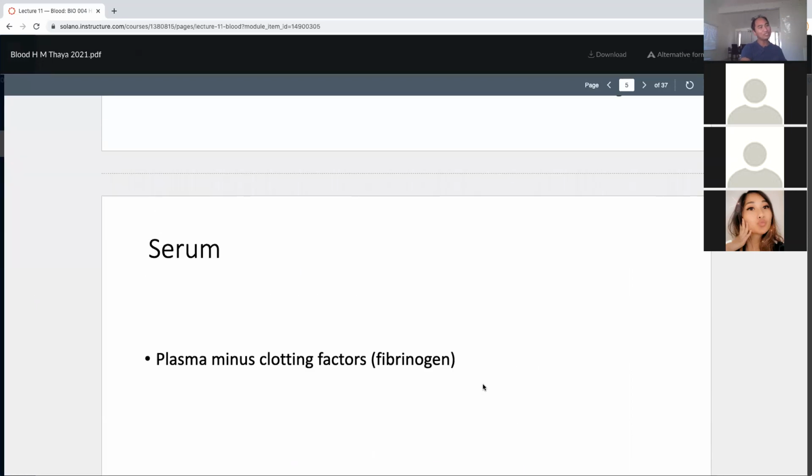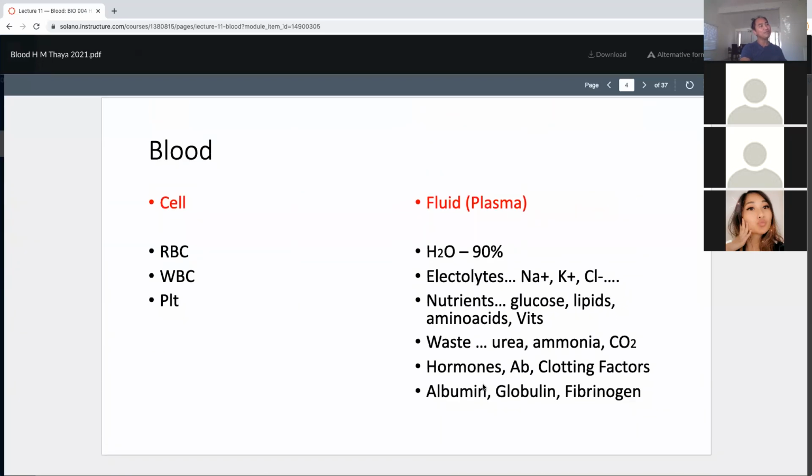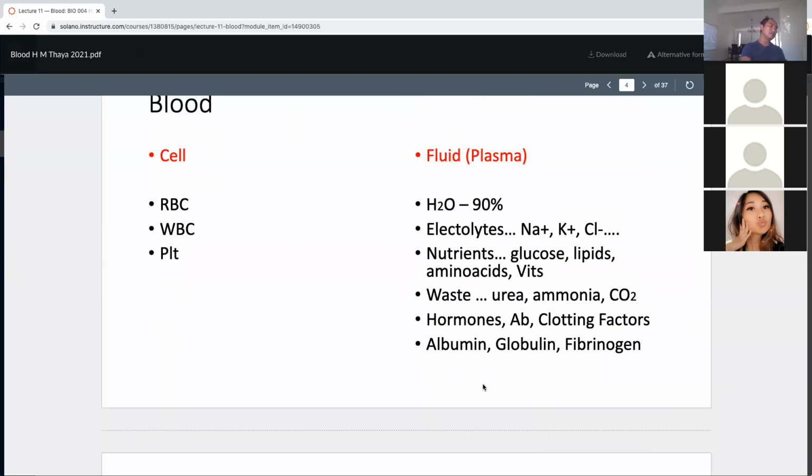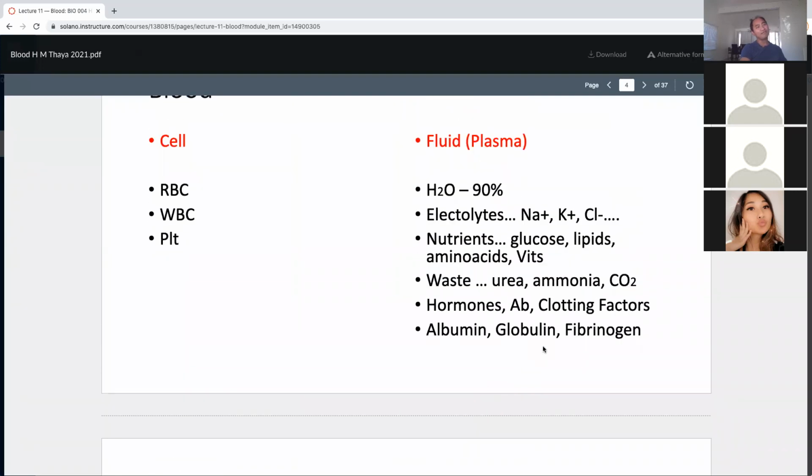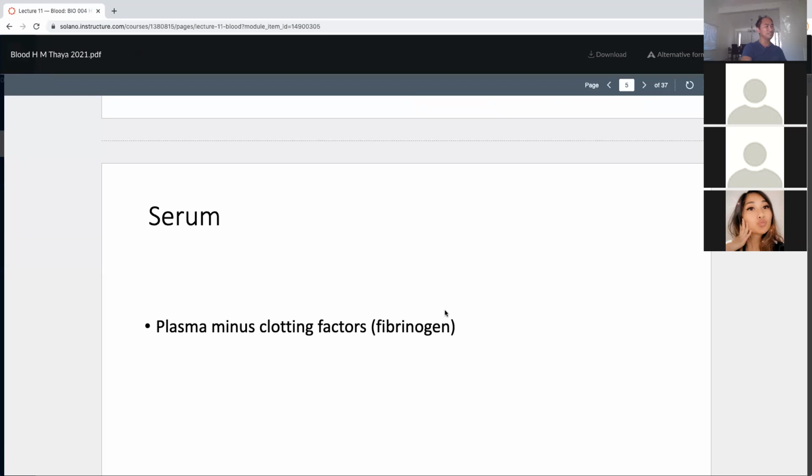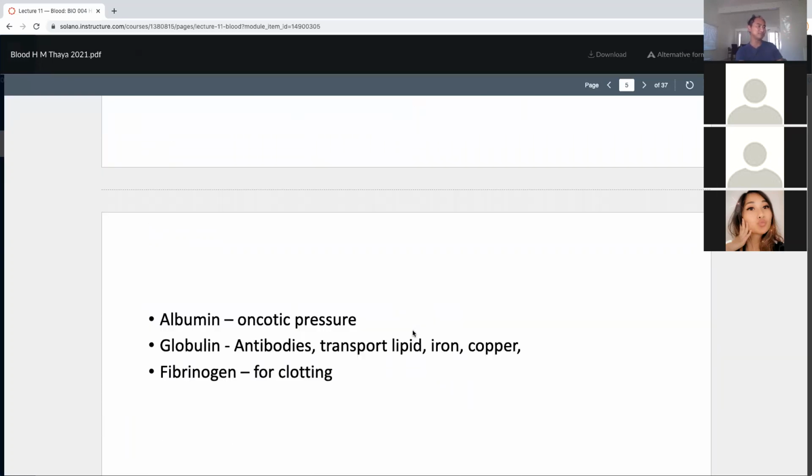So what's the difference between serum and plasma? If you take fibrinogen out of the plasma, you will get serum. So serum is equal to plasma minus clotting factors. Fibrinogen is a clotting factor, so if you take out all the clotting factors, you will get serum.